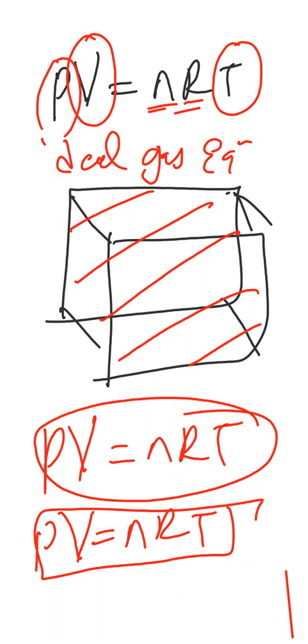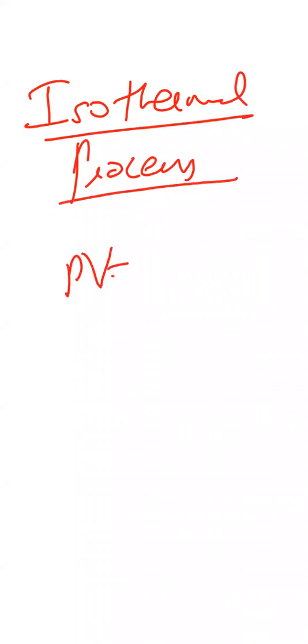Now, if you apply the ideal gas equation in the isothermal process, PV equals nRT. Temperature is constant, n is also constant generally, and R is also constant. All these are constant in a closed system.